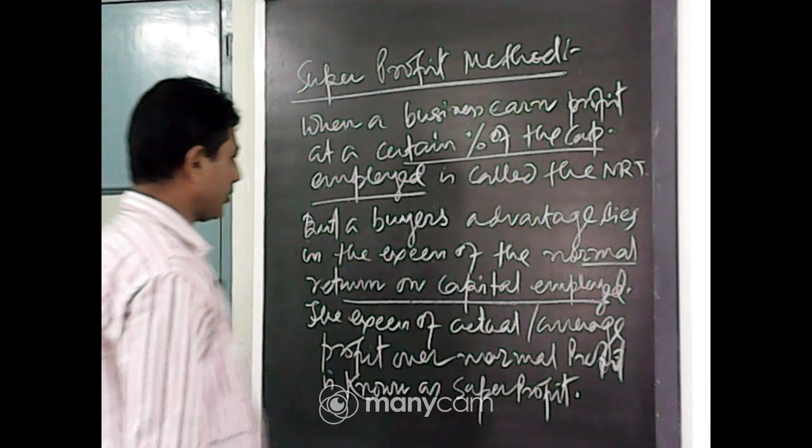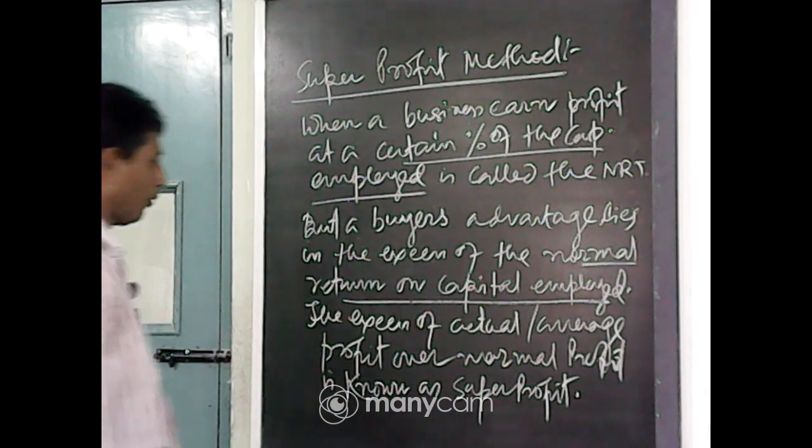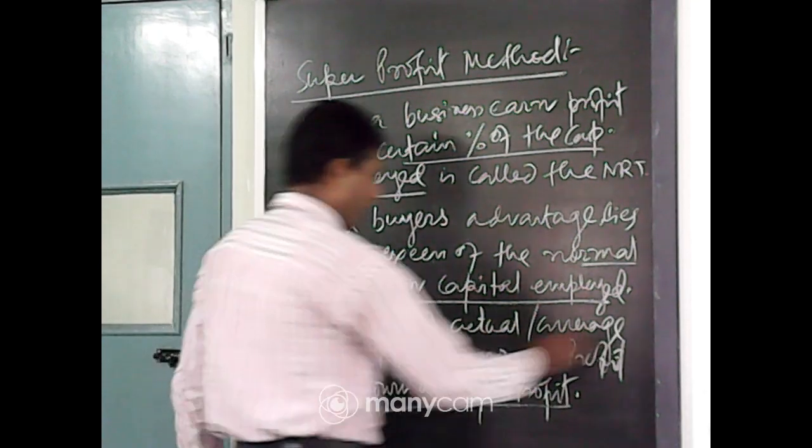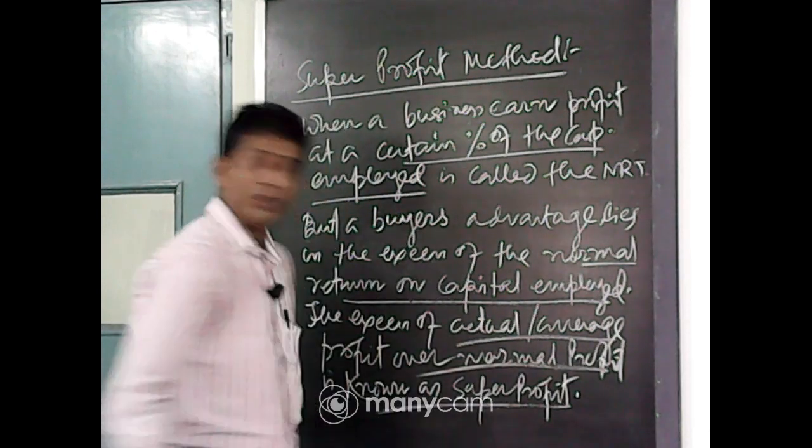The excess of actual average profit over normal profit is known as super profit.